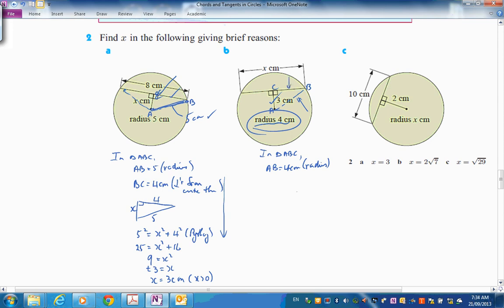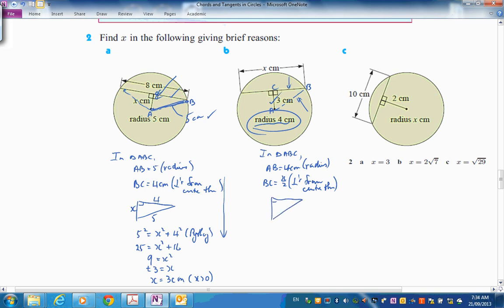Can we say something about BC? Yes, well, BC is x on 2. Why? Perpendicular from the centre theorem. Bisects the chord, we don't have to write the whole thing in. What have we got? We've got the same thing as before. Here, just let's look at it.